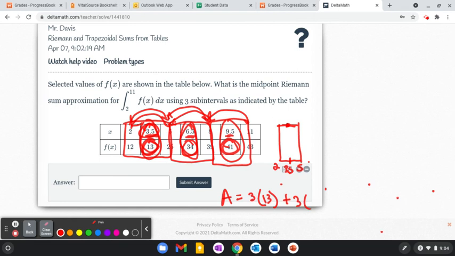And then again, we're using the middle of that for the height, which is 34, plus 8 to 11, which is also 3. And we're choosing the middle of that, 9.5, using that height, which is 41. And that's actually all there is to it. Just go ahead and do that math. You could actually just pull the 3 out, 13 plus 34 plus 41, and multiply that by 3, and we get 264. So that really is all there is to it.